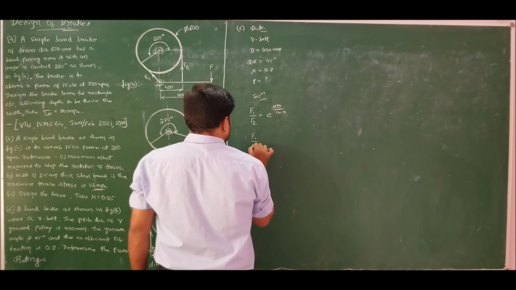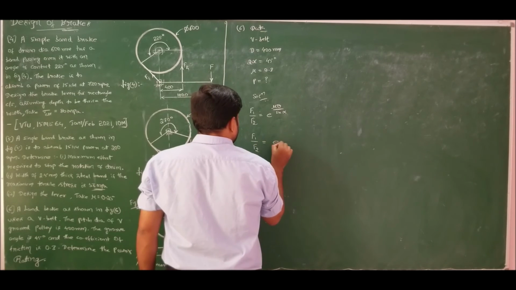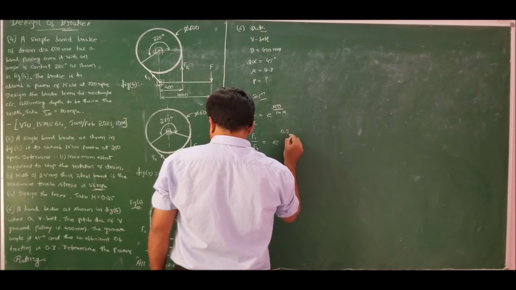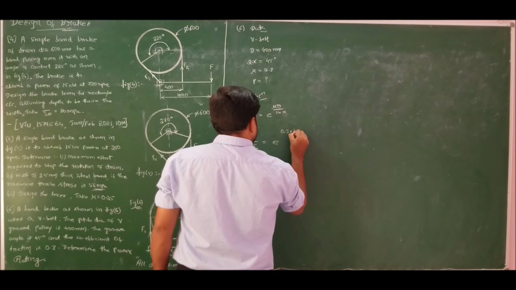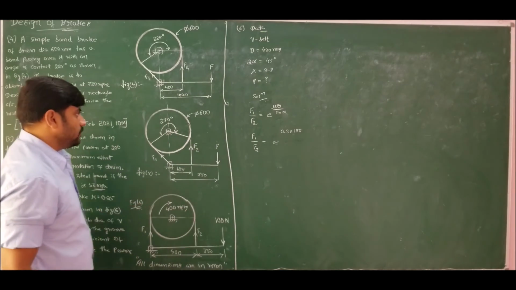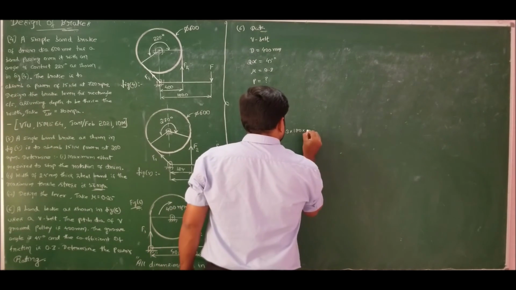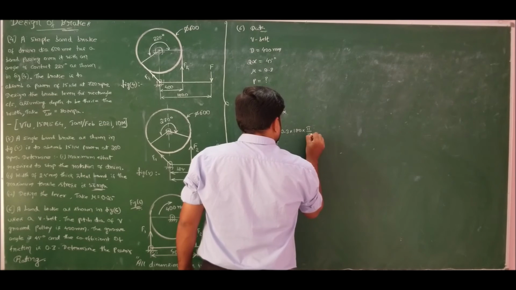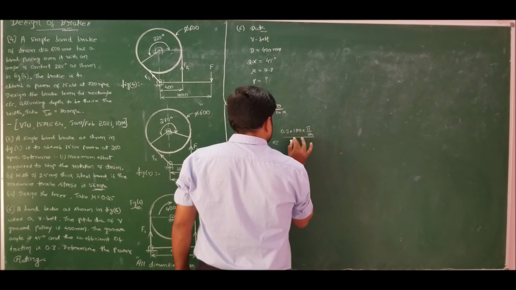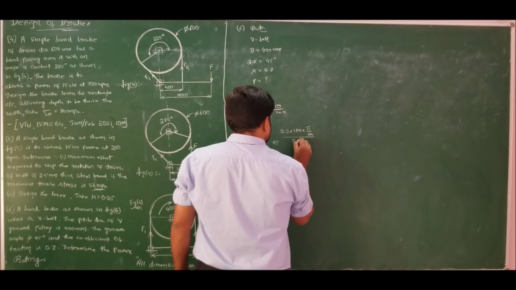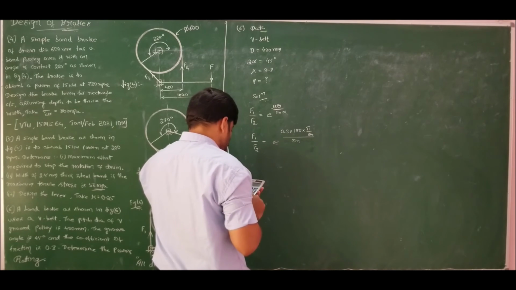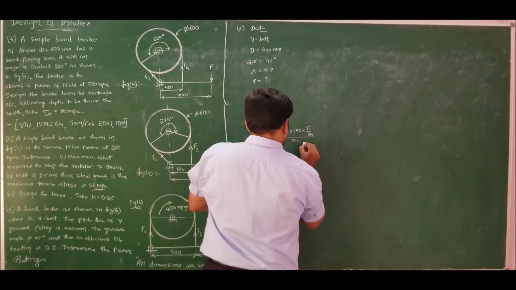So therefore F1 by F2 will be e to the power of mu, which is 0.3, into theta, which is 180 degrees, which is clear from the diagram itself, into pi by 180, divided by sin alpha. Sin of semi-groove angle is 45 by 2, which is 22.5.